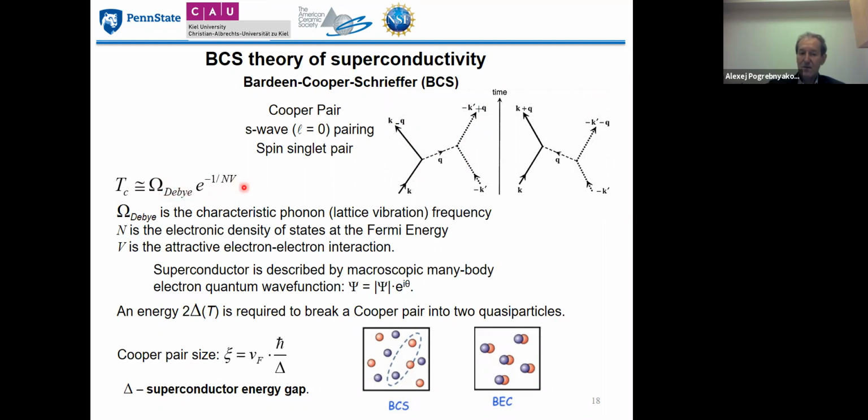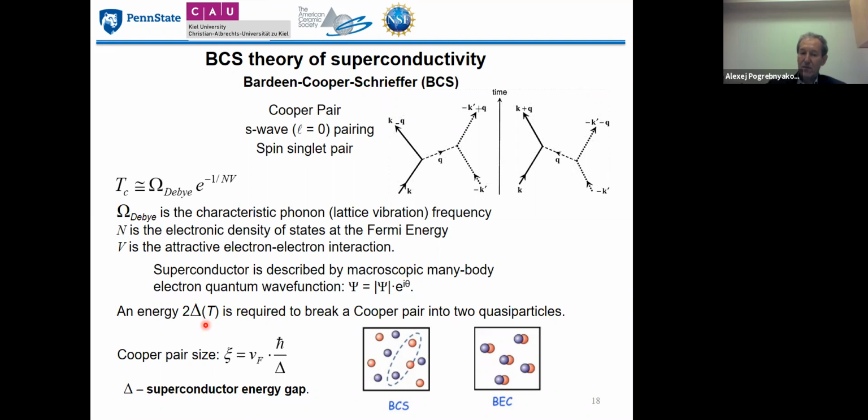And here we see that in the exponent, there's the electronic density of states at the Fermi level, and V stands for the attractive electron-electron interaction, and the attraction comes from the Fröhlich electron-phonon interaction.